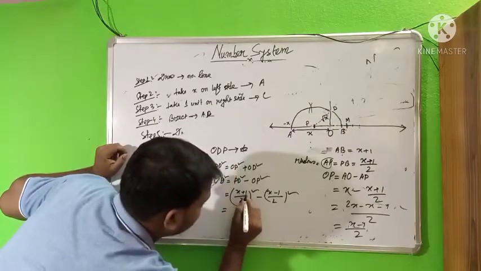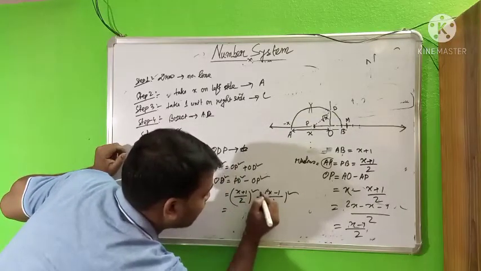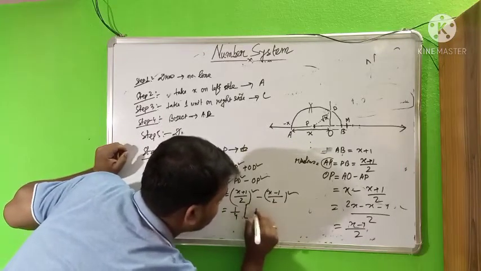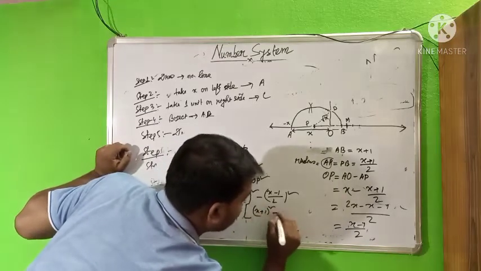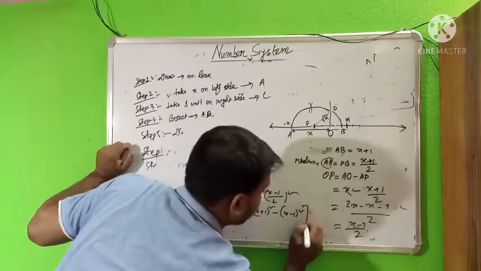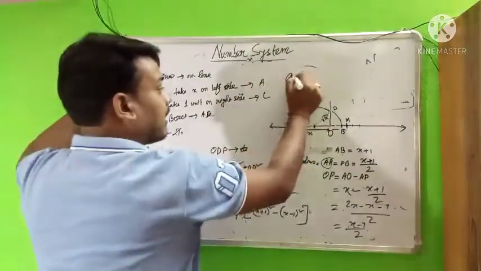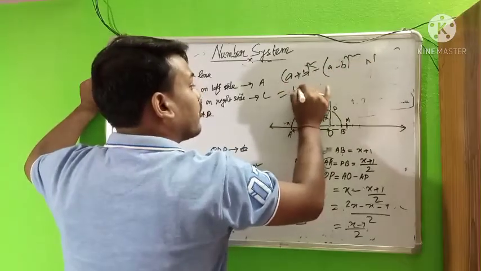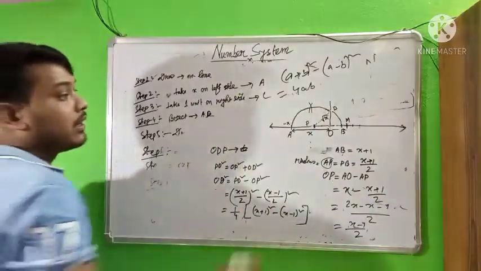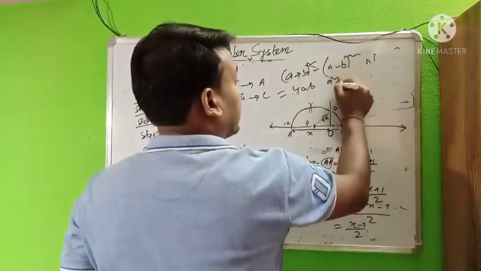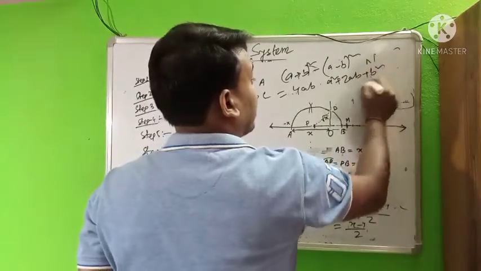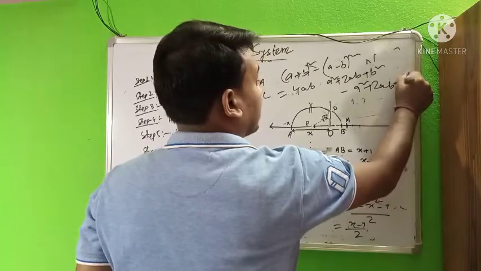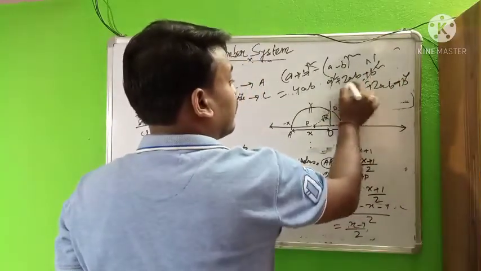So x plus 1 whole square by 4, minus x minus 1 whole square by 4. So 1 by 4 take common, and x plus 1 whole square minus x minus 1 whole square. By using this formula, a plus b whole square minus a minus b whole square equal to 4ab. If we derive the formula, a square plus 2ab plus b square minus a square plus 2ab minus b square, then a square and b square will cancel, then 4ab.